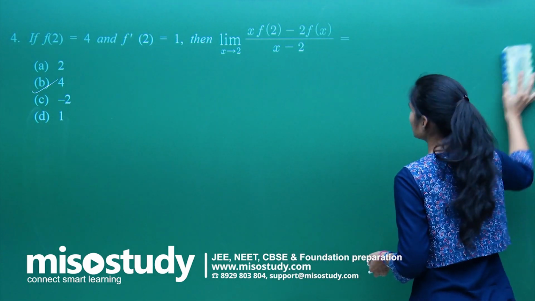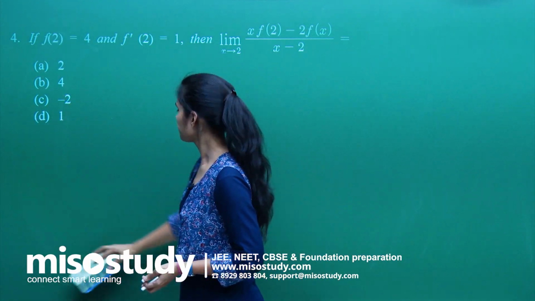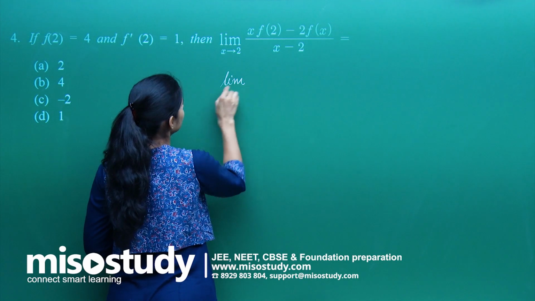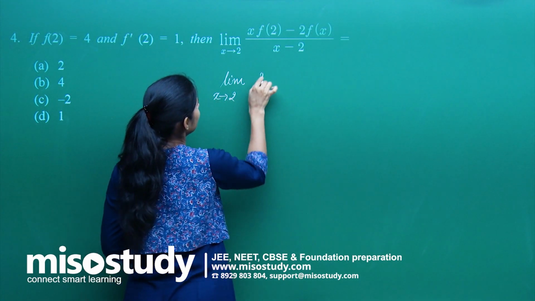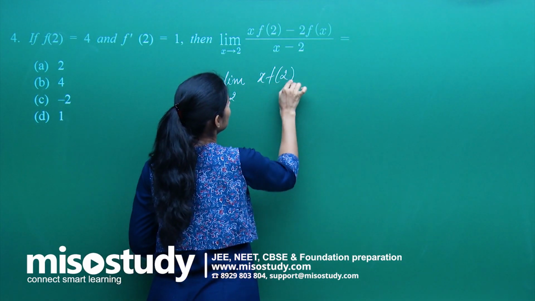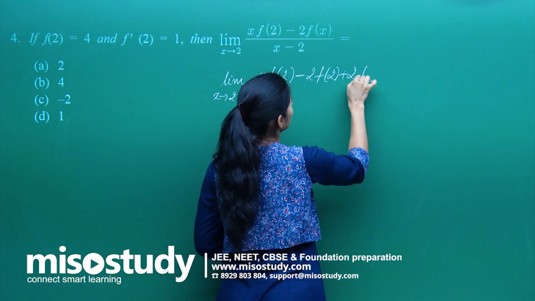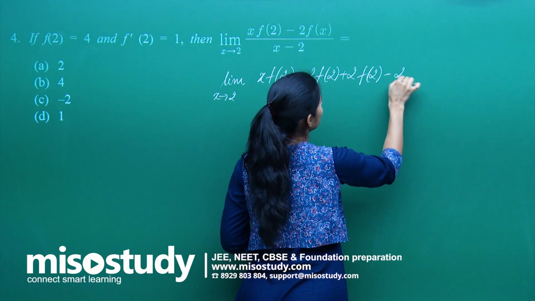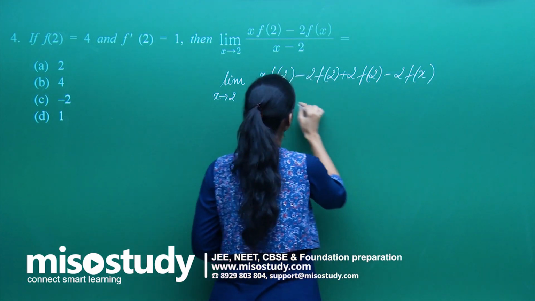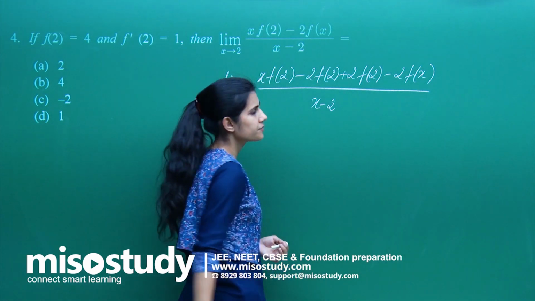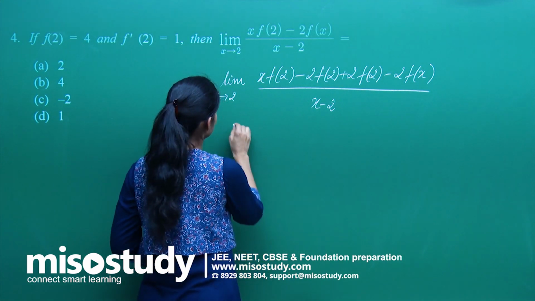Next question says if f of 2 is 4 and f dash 2 is 1, what is the limit of this expression? Let's calculate. This is the limit as x approaches 2 of (x into f of 2 minus 2 f of 2 plus 2 f of 2 minus 2 f(x)) whole upon (x minus 2). Clear? Now this becomes what?